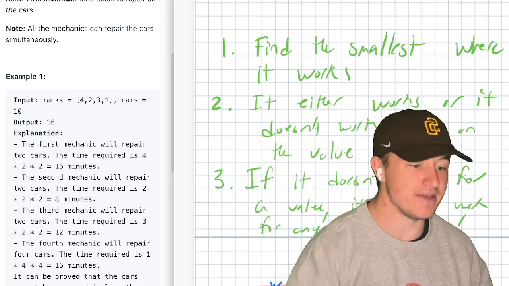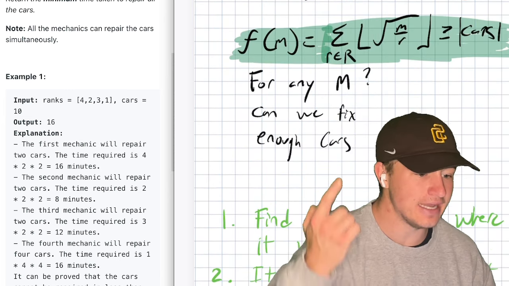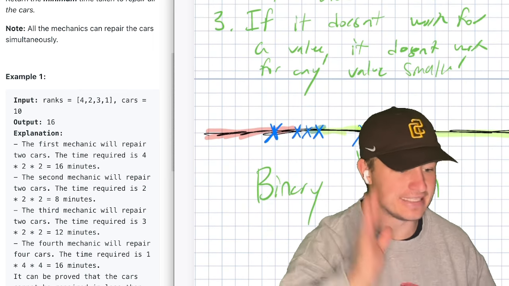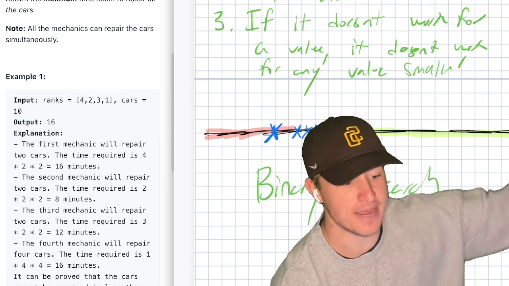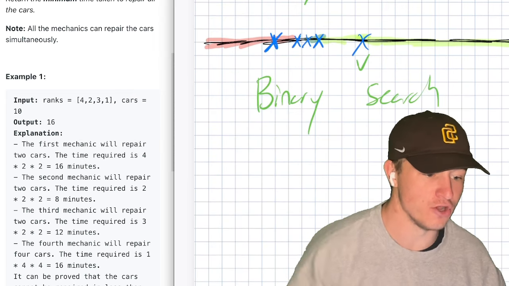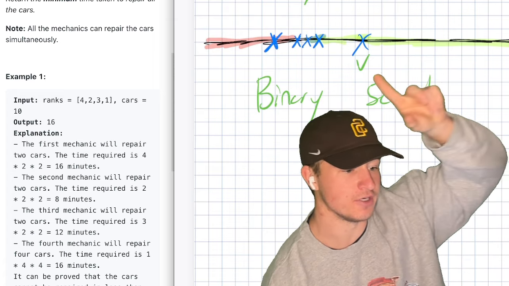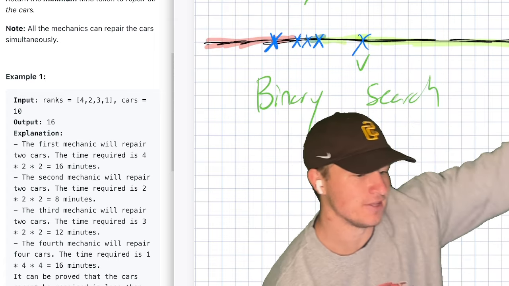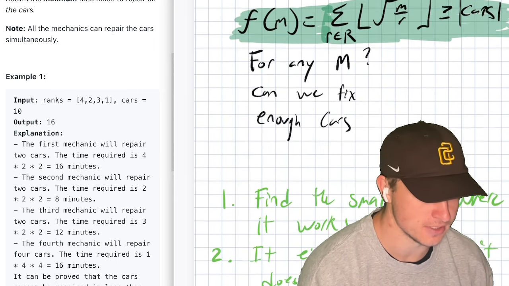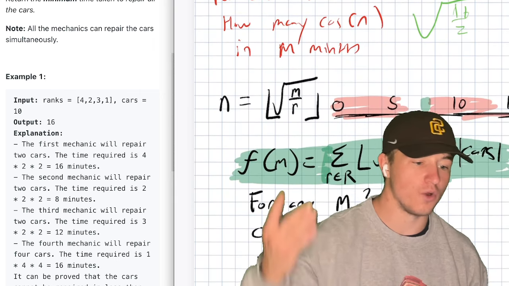If you give me 50 minutes and I say, you know what, it does work for 50 minutes, I can fix enough cars in 50 minutes, well then I can definitely do it in 51 minutes and in any time greater than 50 minutes. So if I can't do it for a time, I can eliminate all those to the left, and if I can do it for a time, I know it works and I can eliminate everything to the right. So that's where this binary search approach always comes into play. So what are we gonna do here? We're gonna do binary search.